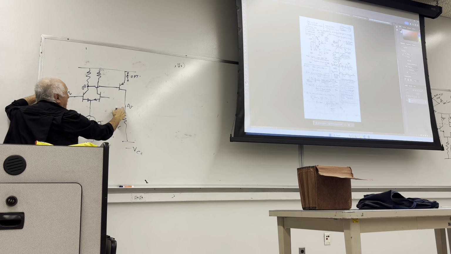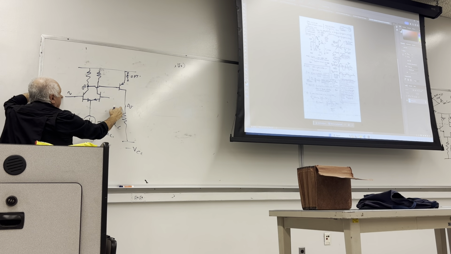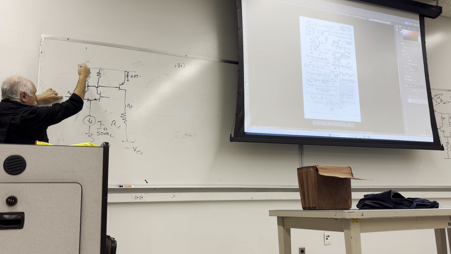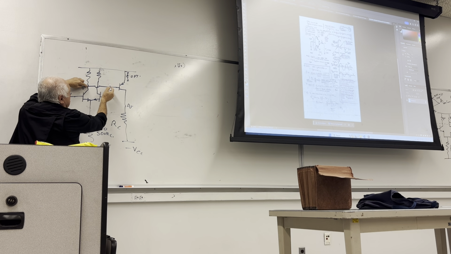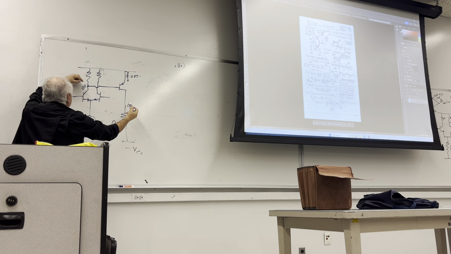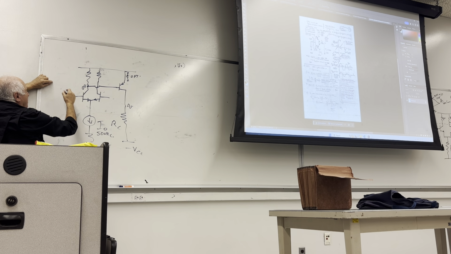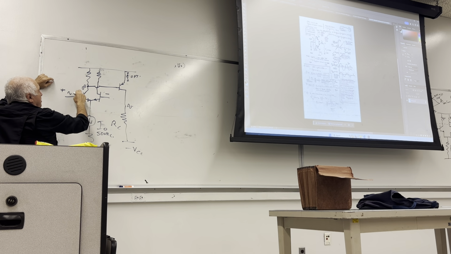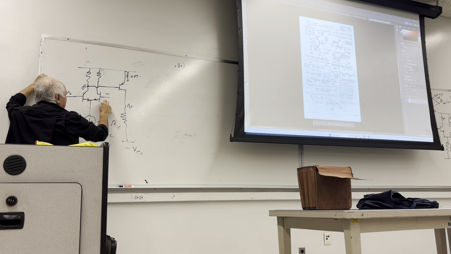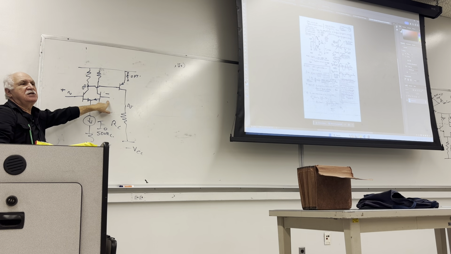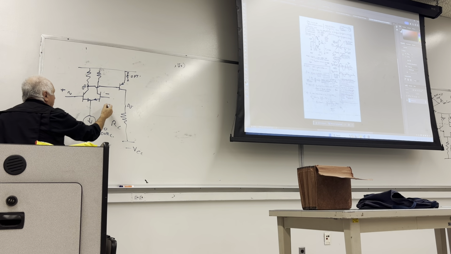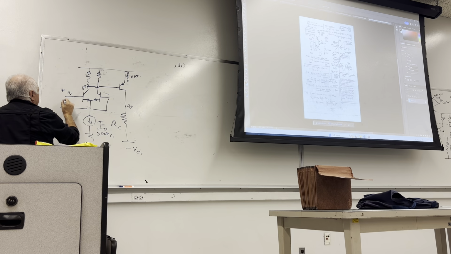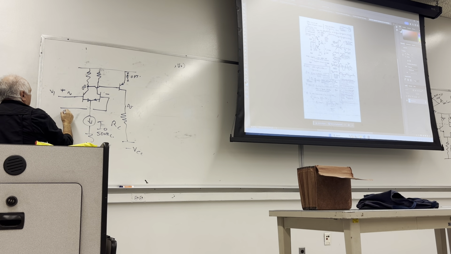So from here to there, it is non-inverting, because base to collector is one inversion, base to another collector is another inversion. So those two are in phase. That's why this will be marked plus, and that will be marked negative. It's the opposite. From here to here, it's no inversion. From here to here is inversion. That's why this will be designated as the negative input. So this is our amplifier, V1 and V2.